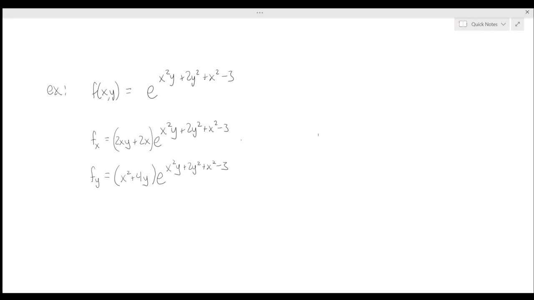All right. So then we want to set both of them equal to 0 because we're trying to find the critical points. Now remember that with exponentials, whatever you have in the exponent doesn't matter, but exponentials will never be equal to 0.